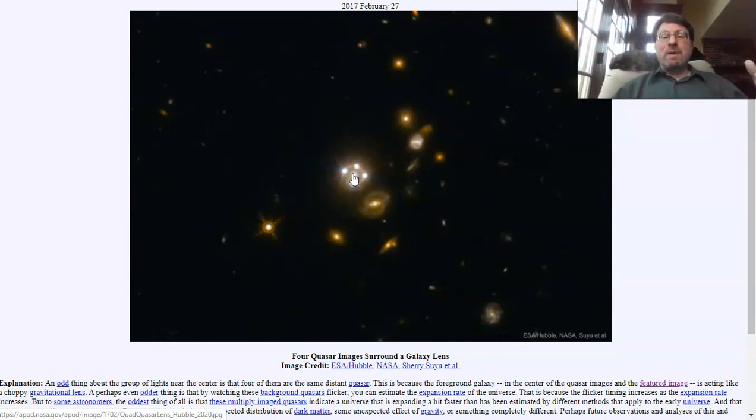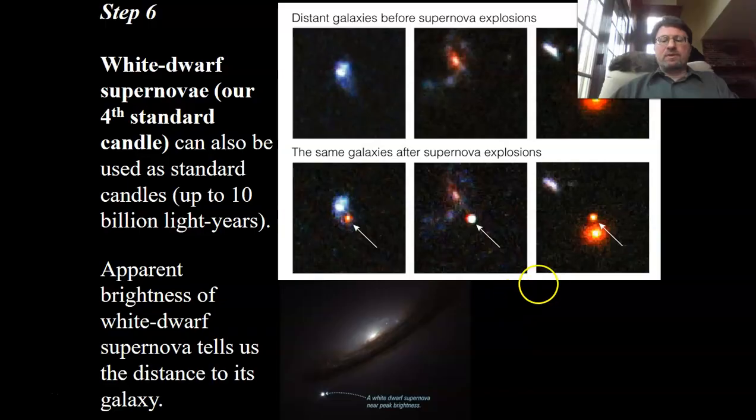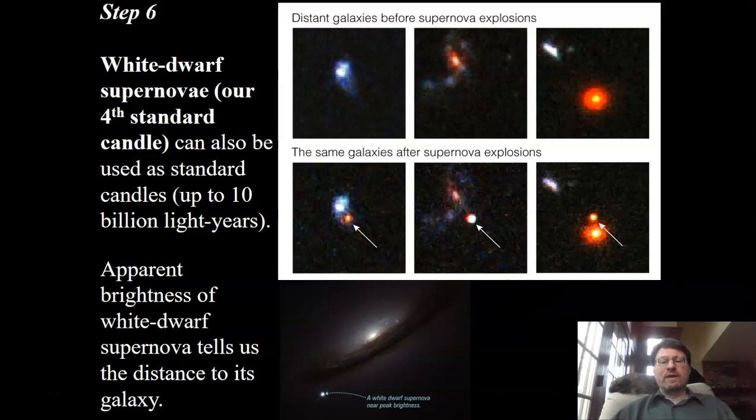So it's actually by measuring quasars like this one here that you can measure the expansion rate of the universe. That's one way by which you can do it. So there's a galaxy here, here's a galaxy, a galaxy, a galaxy, just like the ones that we've been talking about recently.